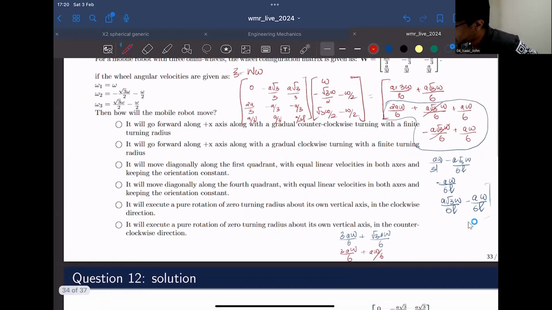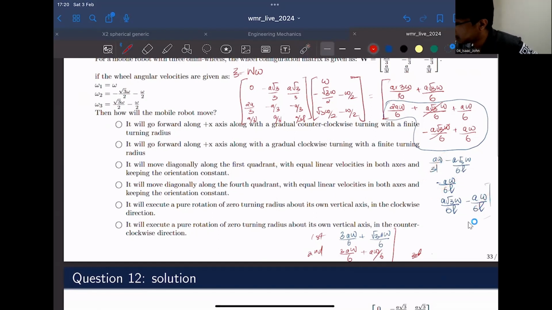And the final row, this is the first, this is the second, and this is the third row, would look something like a omega by 3L, a omega by 6L. Yes, so I think these two terms will get cancelled because these two terms are minus a omega by 3L, that will get cancelled with this one.